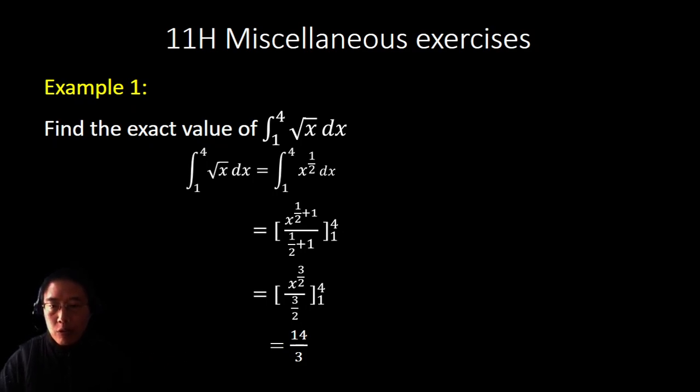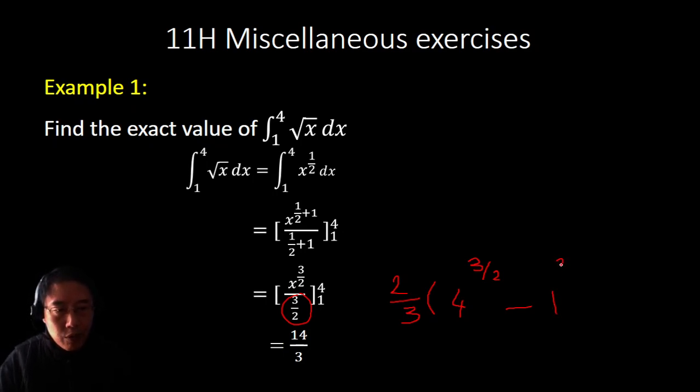So what I would do here, as you divide by 3 over 2, it's actually multiplying by 2 over 3 times x to the power 3 over 2, which is your 4. Let me write the working out. 4 to the power of 3 over 2 minus 1 to the power 3 over 2, which is 1.